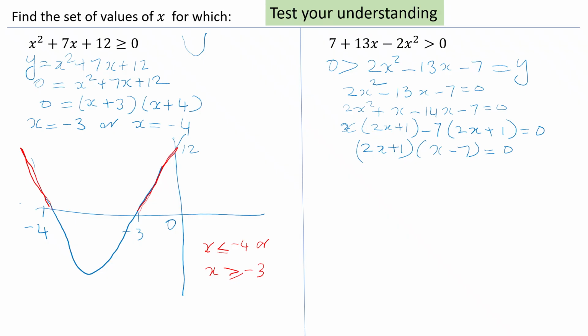Make it equal to 0. So 2x plus 1 equals 0, then x equals minus half, or x minus 7 equals 0, then x equals 7. Now sketch the graph. 0, negative half, and 7. So the graph comes like this way.